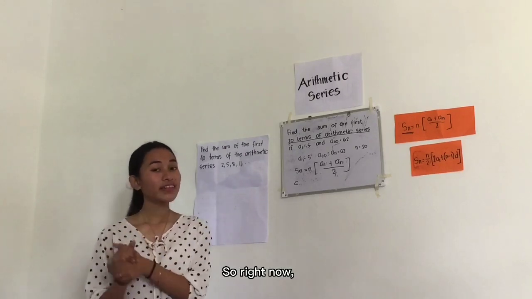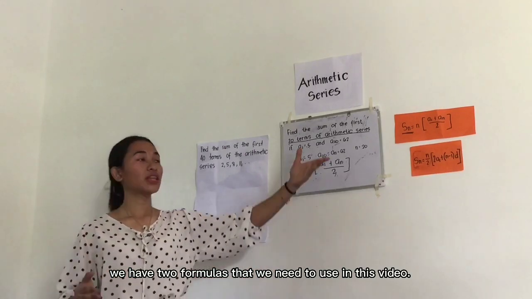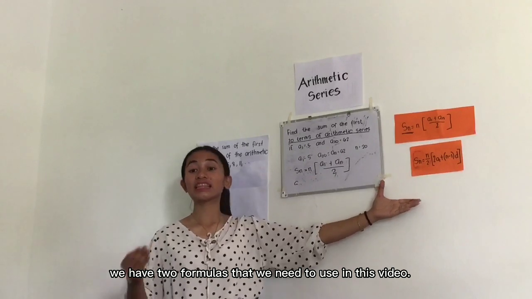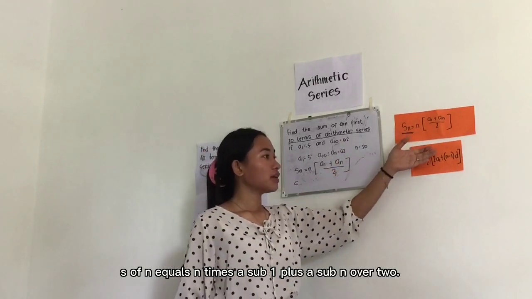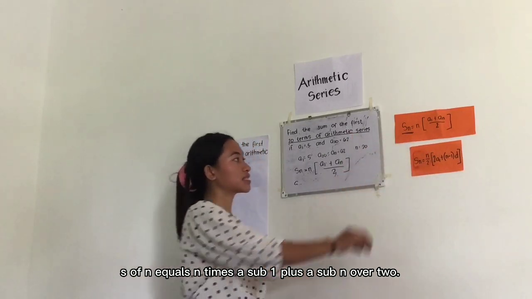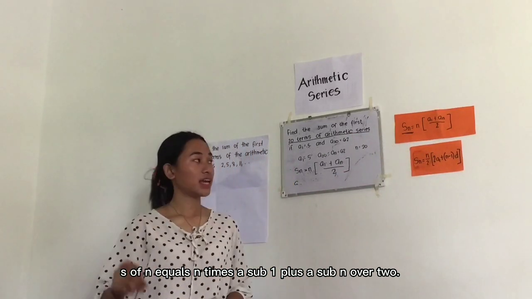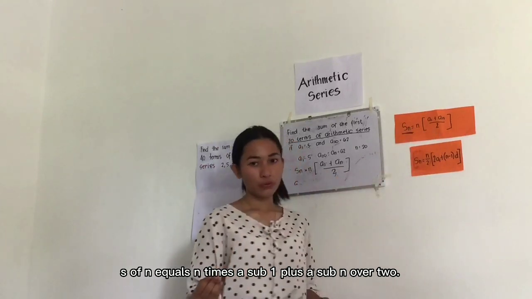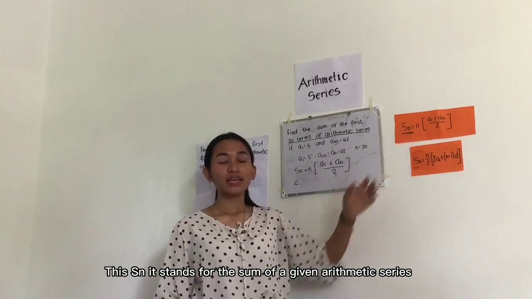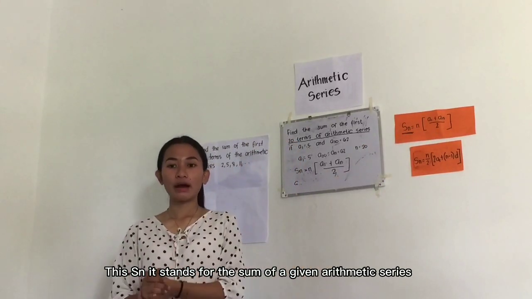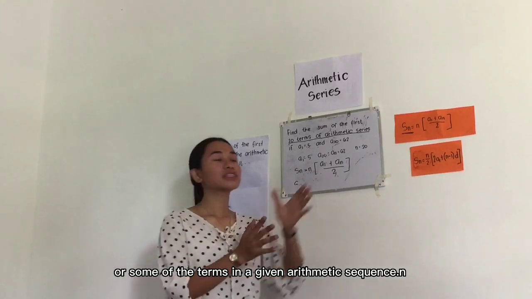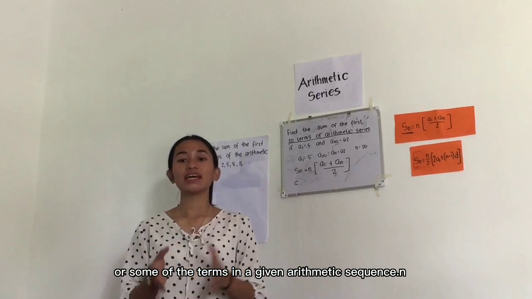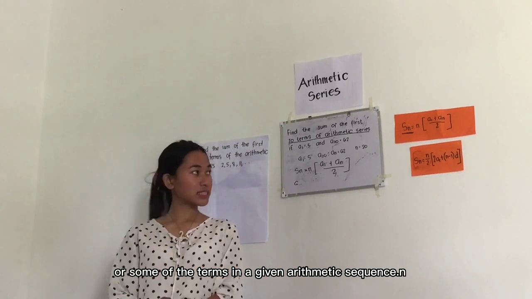Right now, we have two formulas that we need to use in this video. We have here S sub n equals n times a sub 1 plus a sub n over 2. S sub n stands for the sum of a given arithmetic series, or the sum of the terms in a given arithmetic sequence.